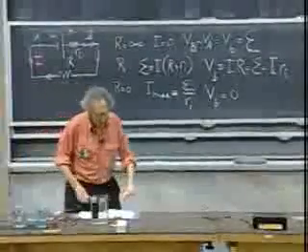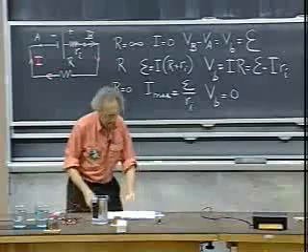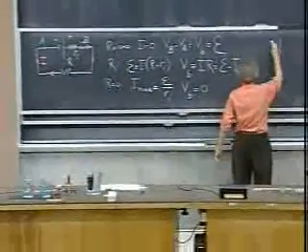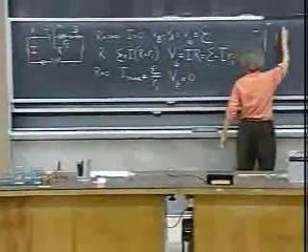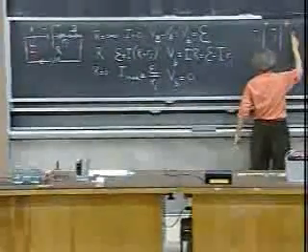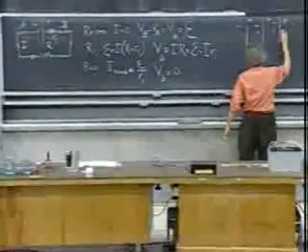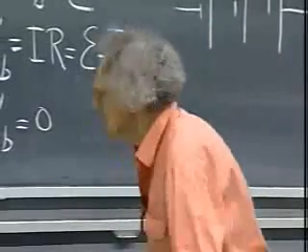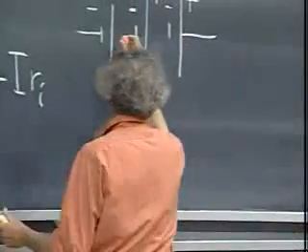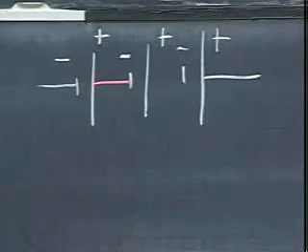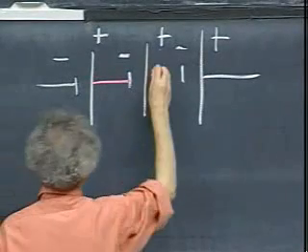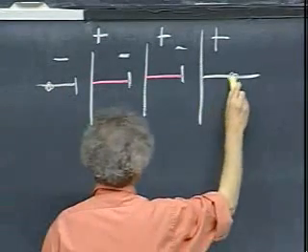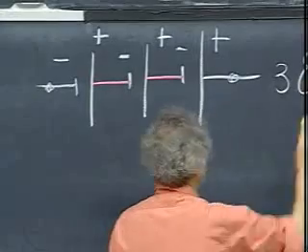You can put batteries in series, and thereby getting a higher potential difference. If this is the negative side and this is the positive, I have an independent one, negative, positive, and an independent one, negative, positive, each one with an EMF E, then I can connect the positive side of one with the negative side of the other, just a conducting wire, and the positive side of this with the negative side of the other, and now the potential difference between these 2 points is now 3E.